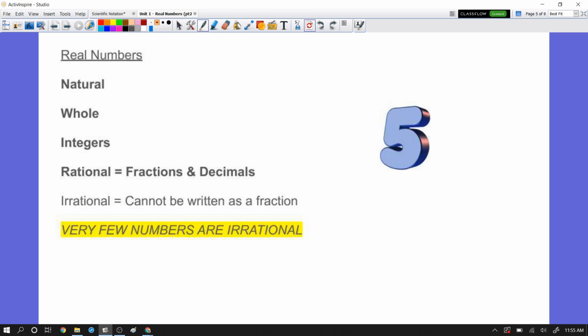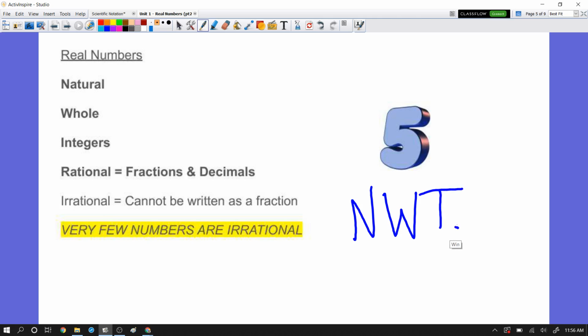So let's just go simple. 5. Well, you're like, okay, I was counting to 5 when I was a baby. It's natural. It's a whole number. That's good. Okay, so 5. So it's natural, whole. And it is an integer because it would be the opposite of -5.